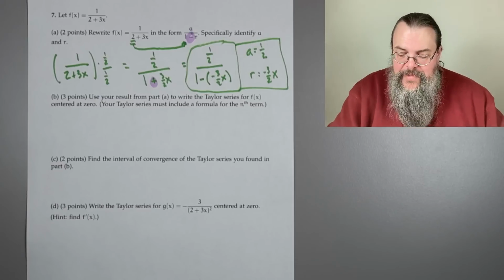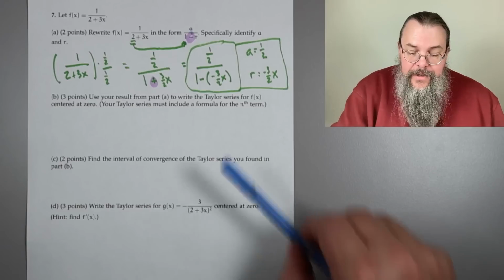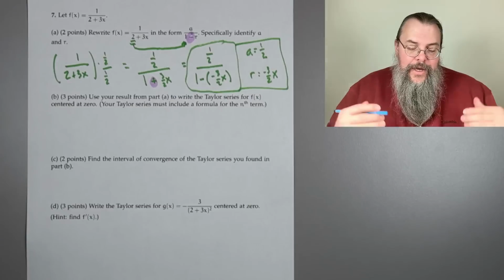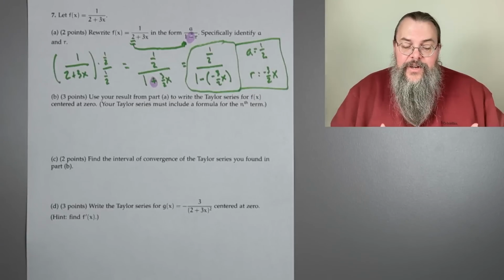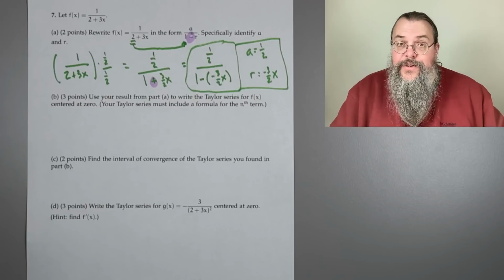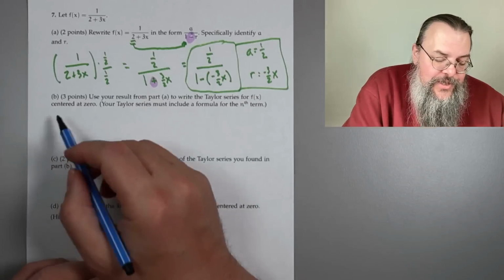Part B. Okay. Use your result from part A, okay, so there's part A, to write the Taylor series for f of x centered at 0. Your Taylor series must include a formula for the nth term. Now, what's the Taylor series?